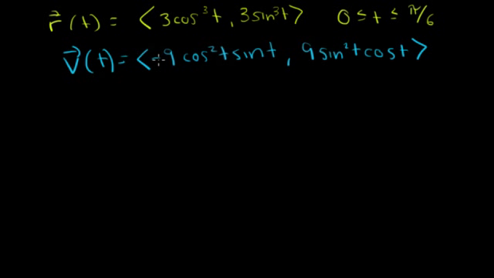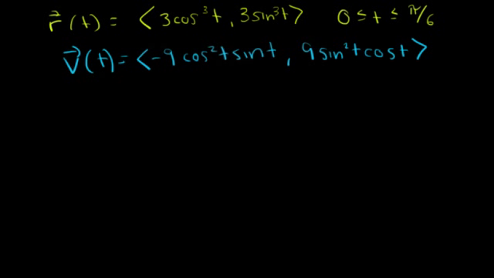All I did right here was use the chain rule. 3 times 3 is 9, and then reduce the power by 1, so now I have cosine squared of t, multiplied by the derivative of cosine of t, which is negative sine of t. And then similarly you do the same thing with the other component.